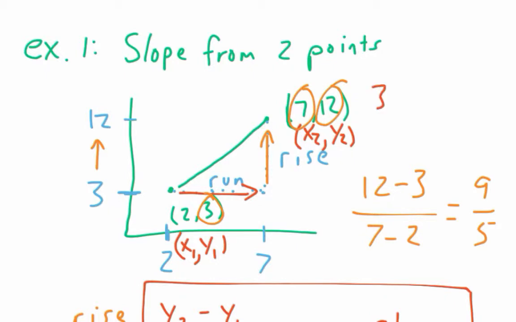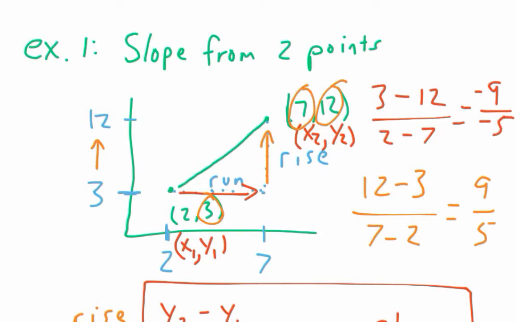If we did this point minus that point, we'd have 3 minus 12 divided by, but then we have to start with the 2. So 2 minus 7 for our second one. It looks like we're going to get a different answer because we have a negative 9 over a negative 5.